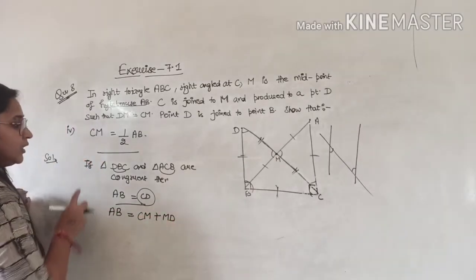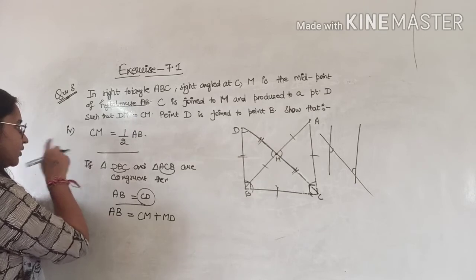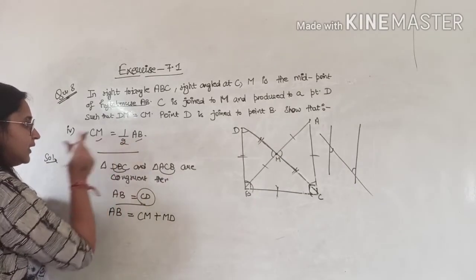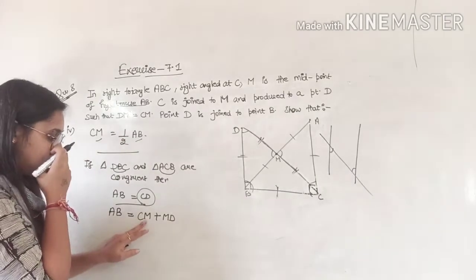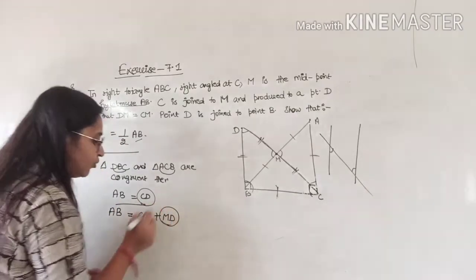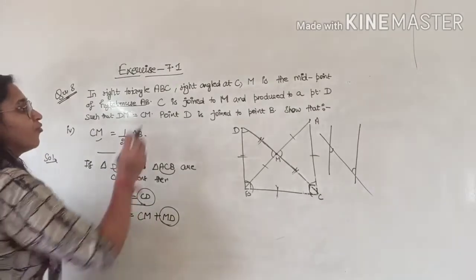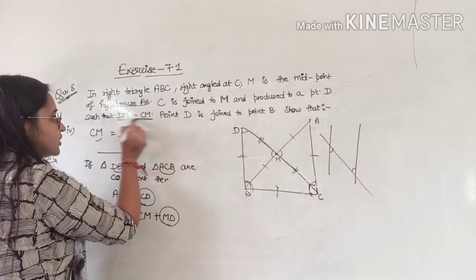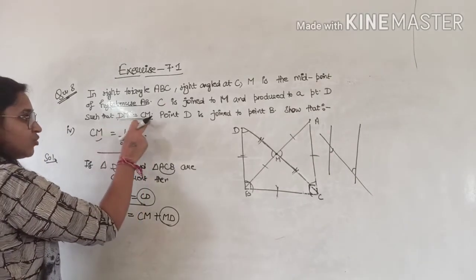Now, what do you need in the proof of the fourth part? I need AB and I need CM. It means I have to remove this MD. Now, from the question, it is given that DM is equal to CM, or MD is equal to MC.